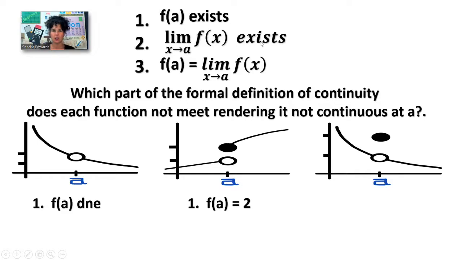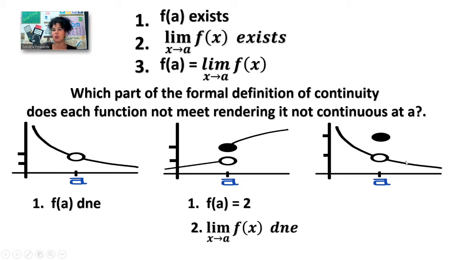Okay, on to part 2, the limit as x approaches a of f of x exists. Well, coming into a from the left, we're going to a height of 1. Coming in from the right, we're going to a height of 2. So the limit from the left and right are not the same. So that means the limit as x approaches a of f of x does not exist. Therefore, this function is not continuous at x equals a.